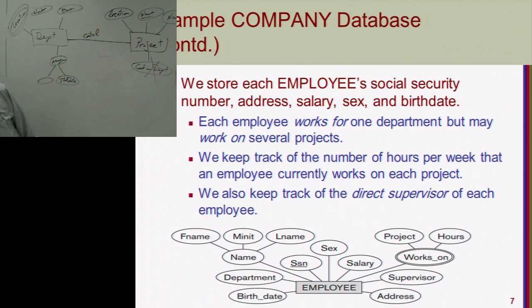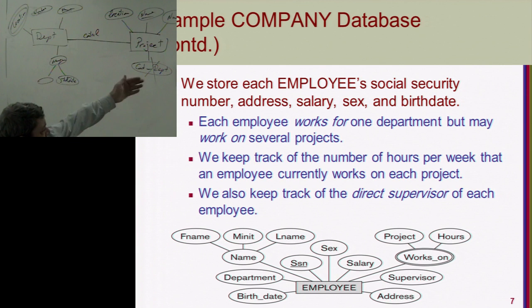Let us keep working. Employee. Again, the user keeps talking and said, we store each employee's social security number. We need to store. He's describing data about what? About something, right? About employees. What are these data you need to store about an employee?